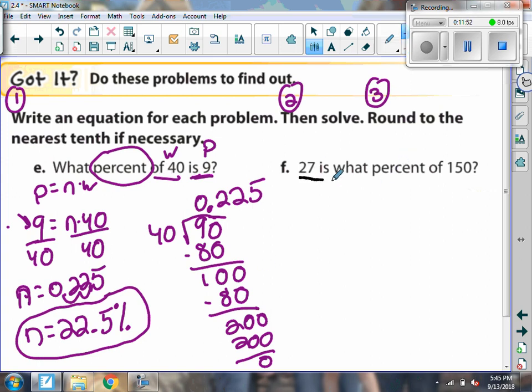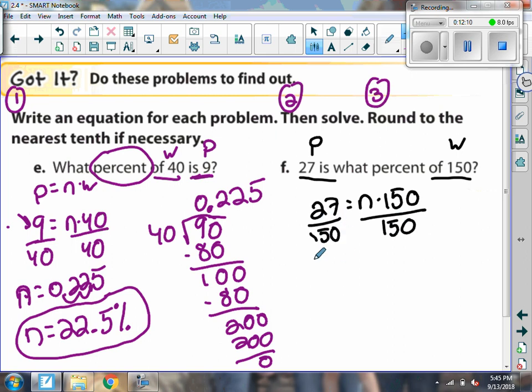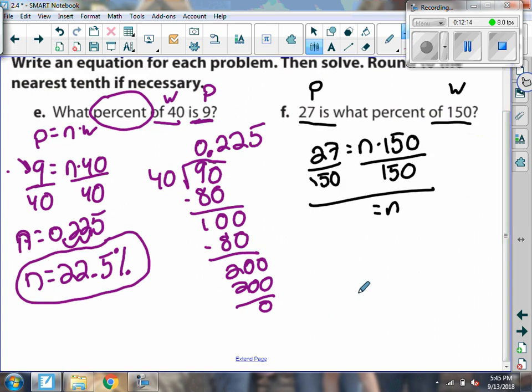Okay, and F, 27 is, so that's my part, what percent of 150? There's my whole. So this will be 27 is equal to n times 150. So we'll divide both sides by 150. So I need to figure out what 27 divided by 150 is. 150 goes into 27 0 times, so I add another 0.